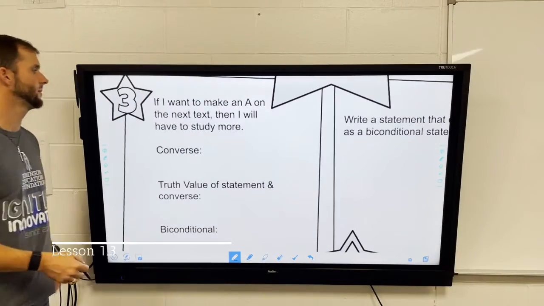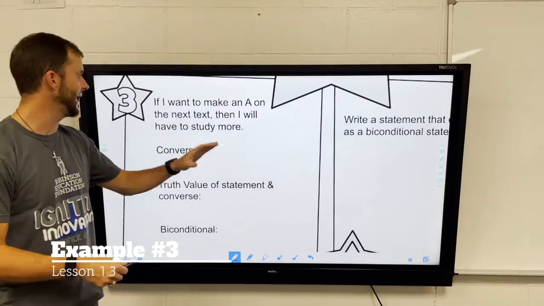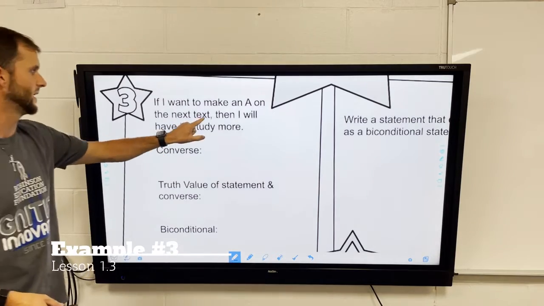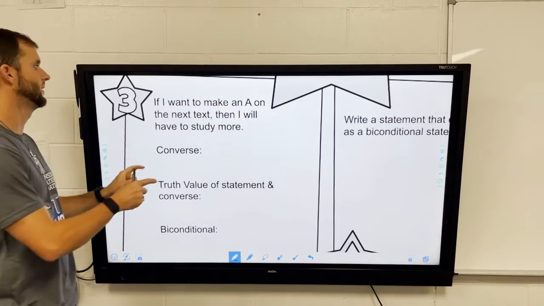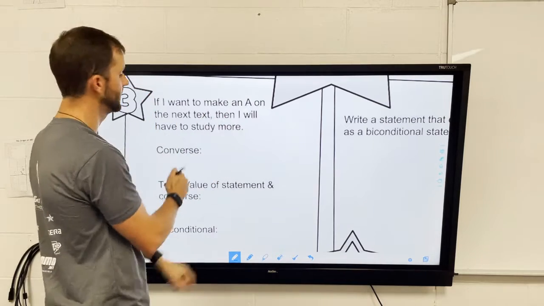On example number 3, it says, if I want to make an A on the next test, then I will have to study more. So let's write the converse of that. That means I'm going to flip the hypothesis and the conclusion.